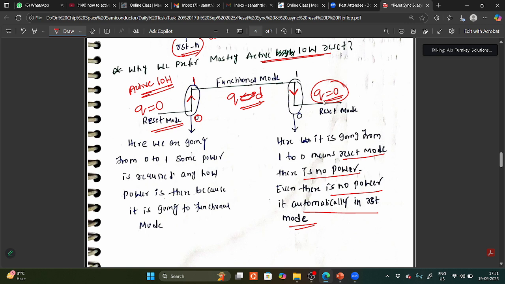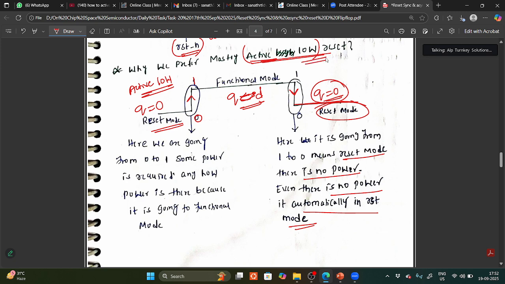Understood? If you switch off your device, then during no power, our design or whatever the device is will be in reset mode. That is the purpose of active low reset.